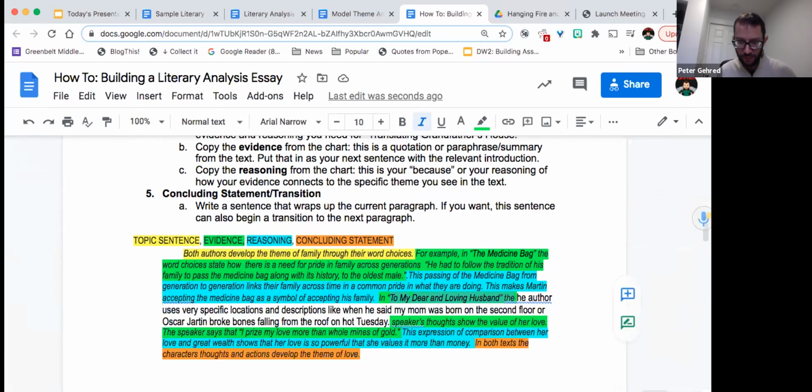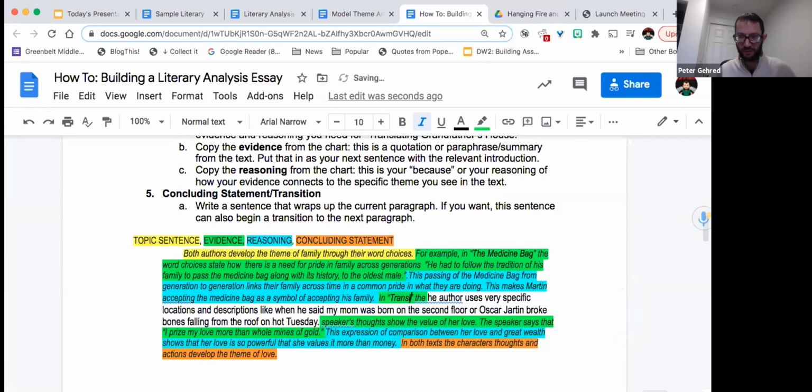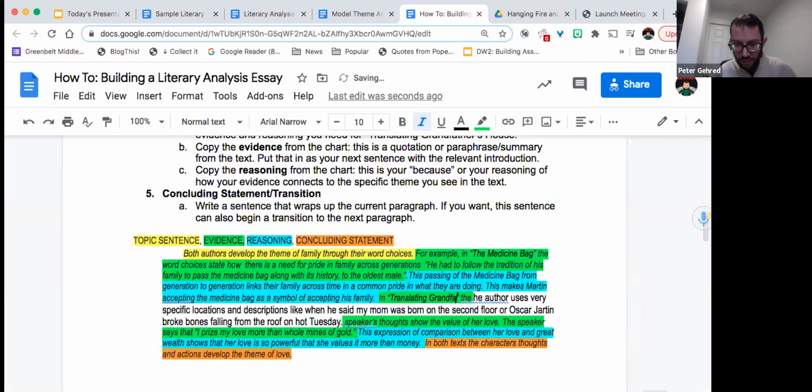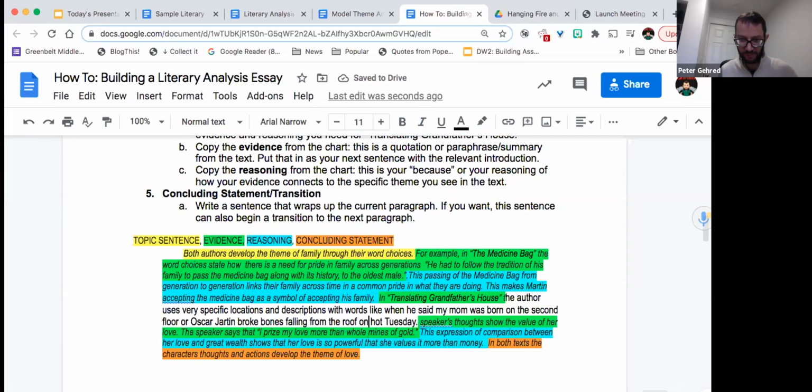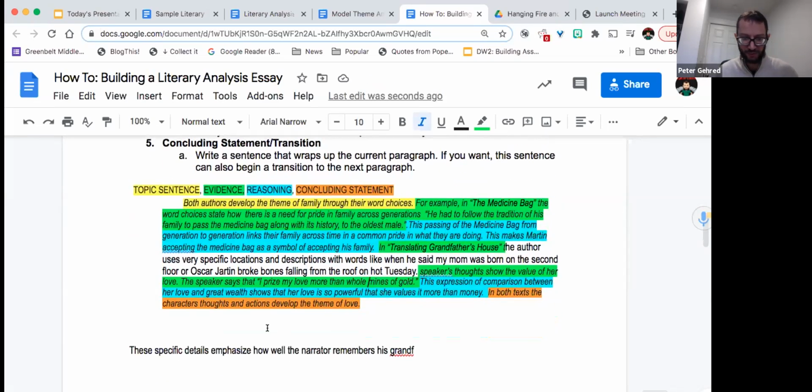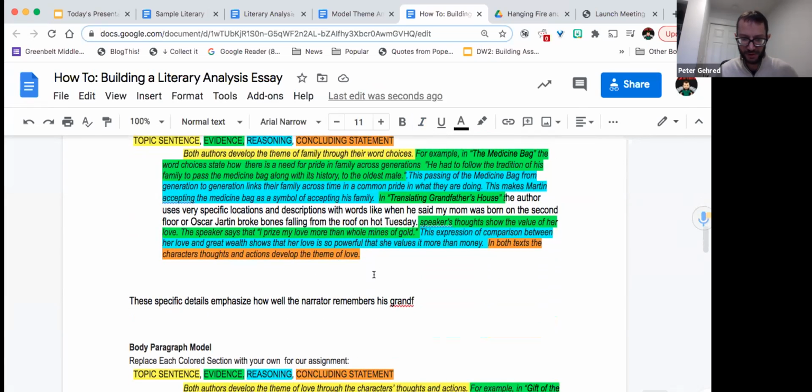In translating grandfather's house, the author uses very specific locations and descriptions with words, like when he said my mom was born on the second floor, or Oscar Jardine broke bones falling from the roof of that on a hot Tuesday.